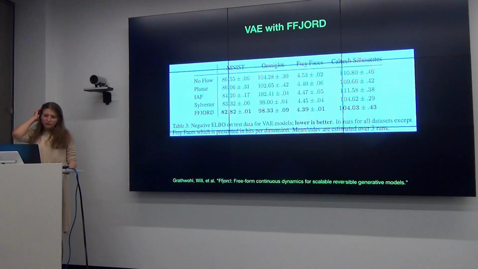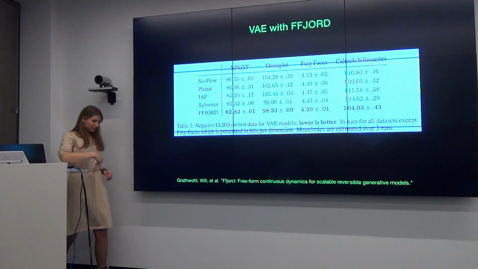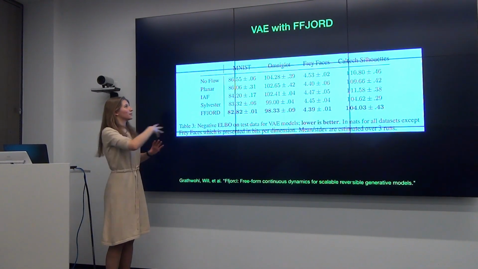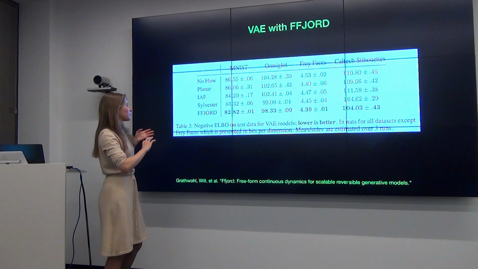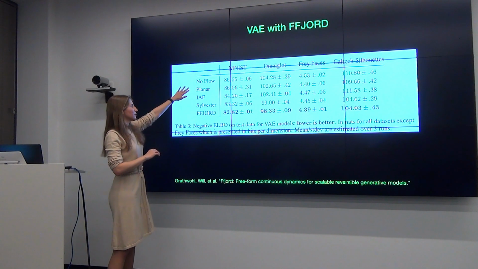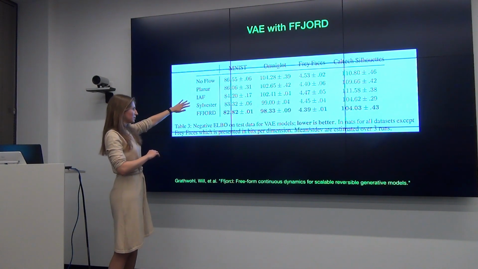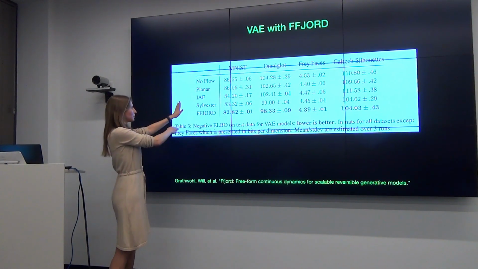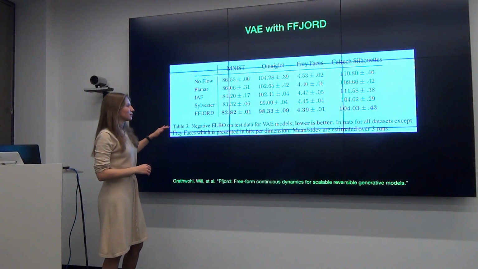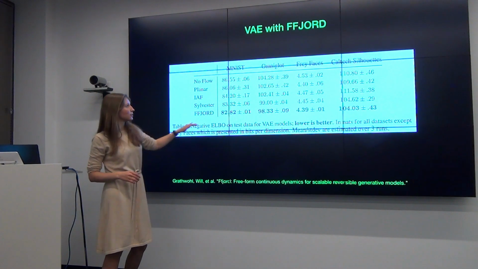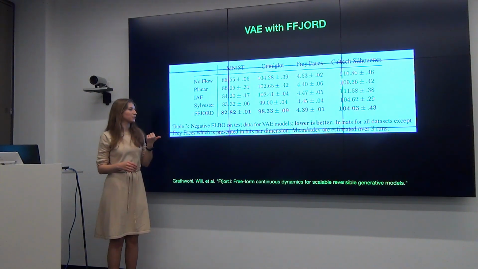And also they add FFJORD into VAE, and they compare with other flows in VAE, and with VAE with no flow, and they get the best results in these experiments.